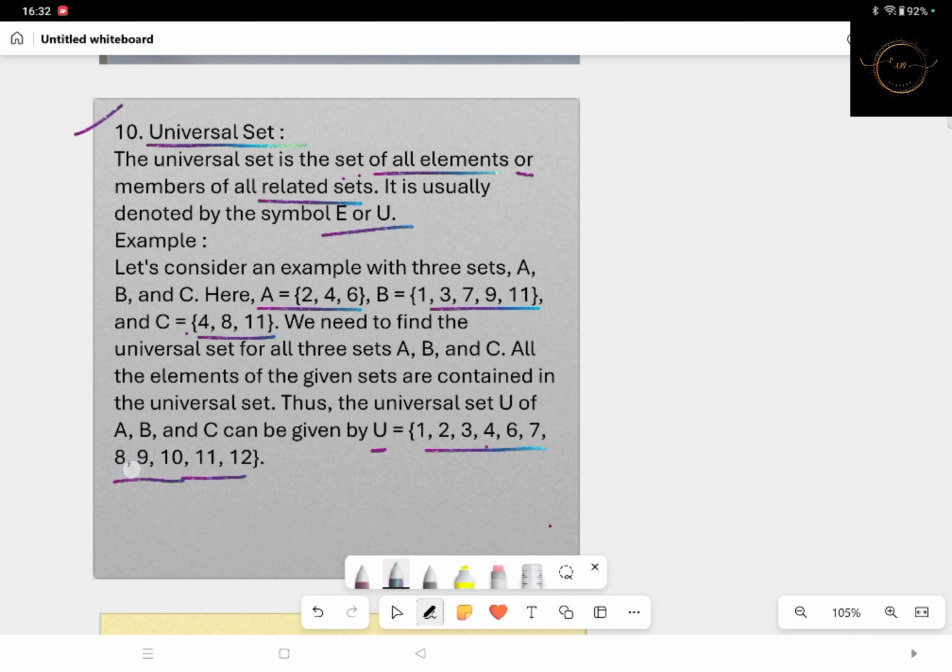So all the 3 sets are contained in that universal set. In this case, A, B and C are the related sets. So the universal set is such a set which will contain all the elements of the related sets, that means the sets which are related at that point of time to that universal set. It is the main set.